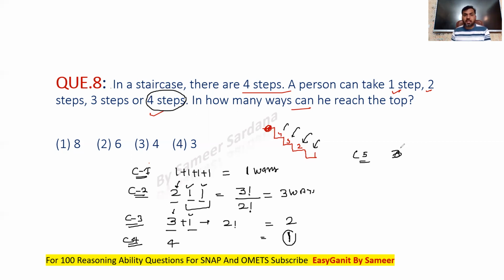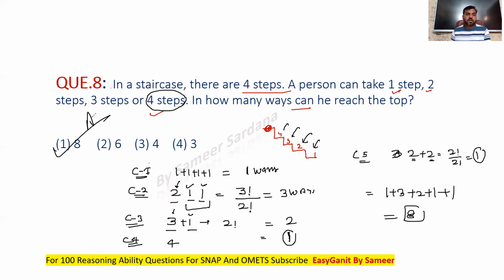The one more case would be 2 plus 2, right? He's taking 2 steps first, then 2 steps again. So this can be done in 2 factorial by 2 factorial, that is one way. So the total number of ways of reaching the top would be 1 plus 3 plus 2 plus 1 plus 1. That is a total of 8 ways in which he can reach the top. First would be the correct answer to the question.